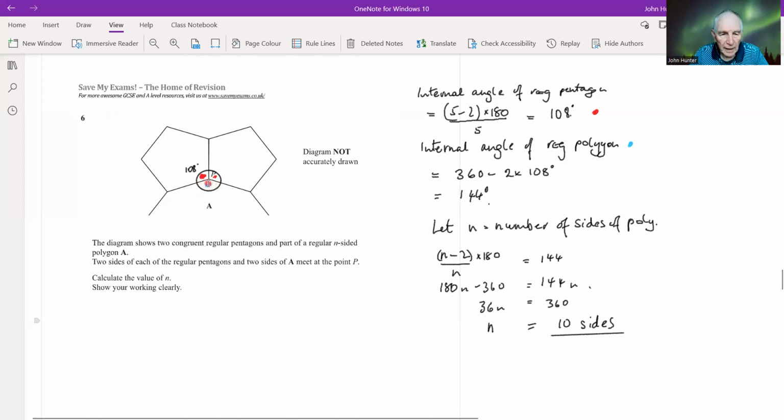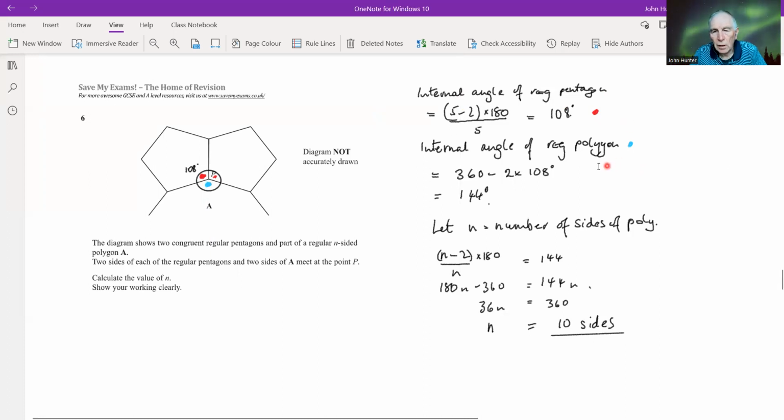And in order to find out this angle with the blue dot, if we know the interior angle of a pentagon, we've got two of them together here, then we'll know what the two red ones add up to. So the internal angle of a regular pentagon.